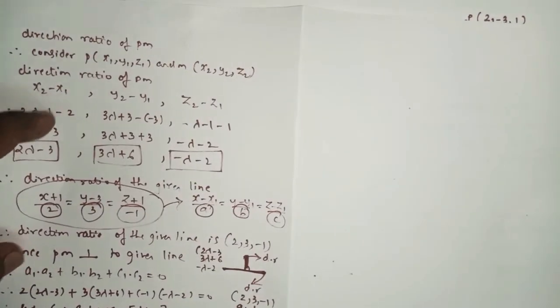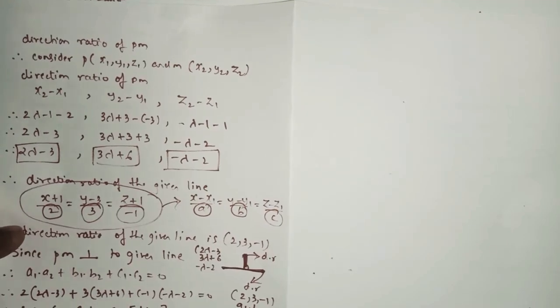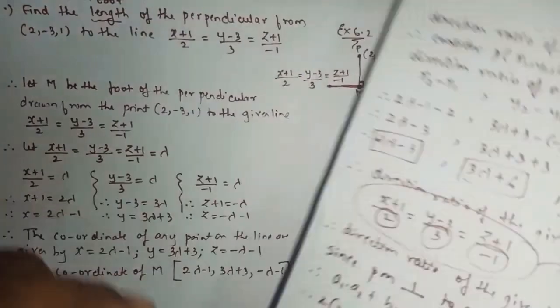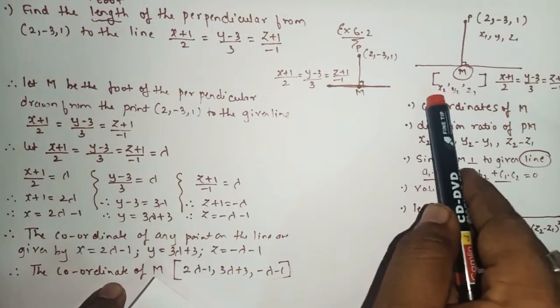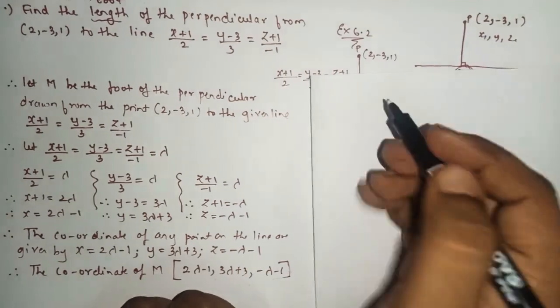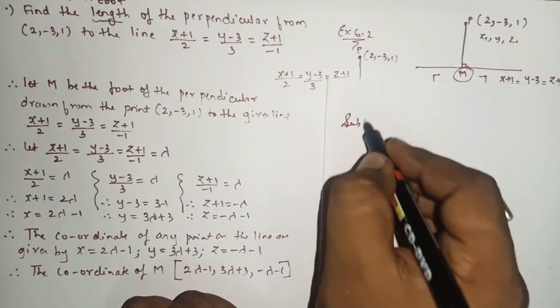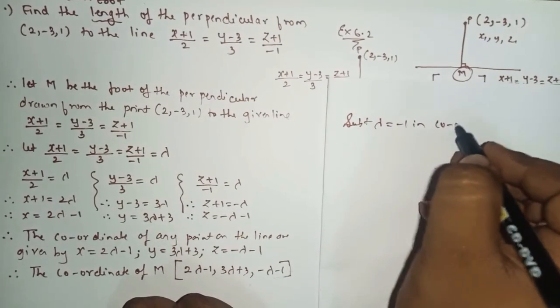After getting the value of lambda, now we'll substitute lambda equal to minus 1 in the coordinate of M to get the coordinate of this point. Yes or no?